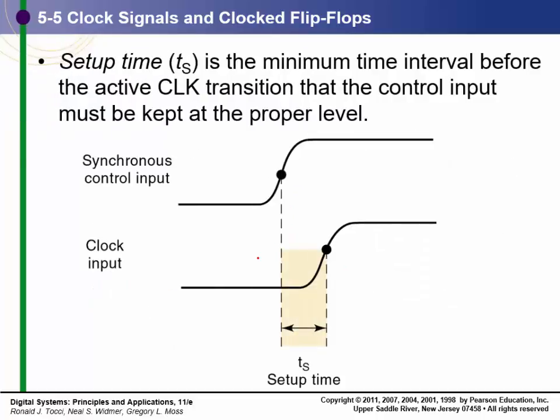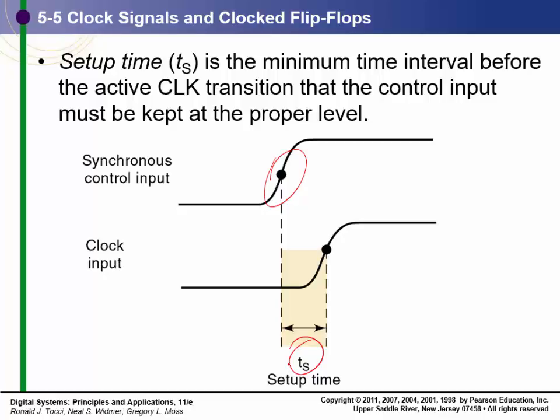So we have some setup time, which is the minimum time interval before the clock transition. That basically means this is a parameter within the IC that simply says our inputs have to be stable at least this long before we hit the clock edge.